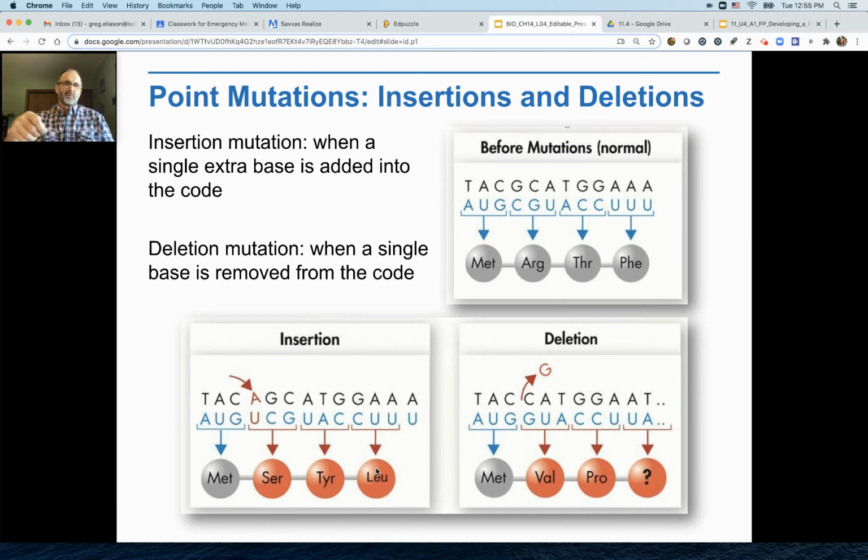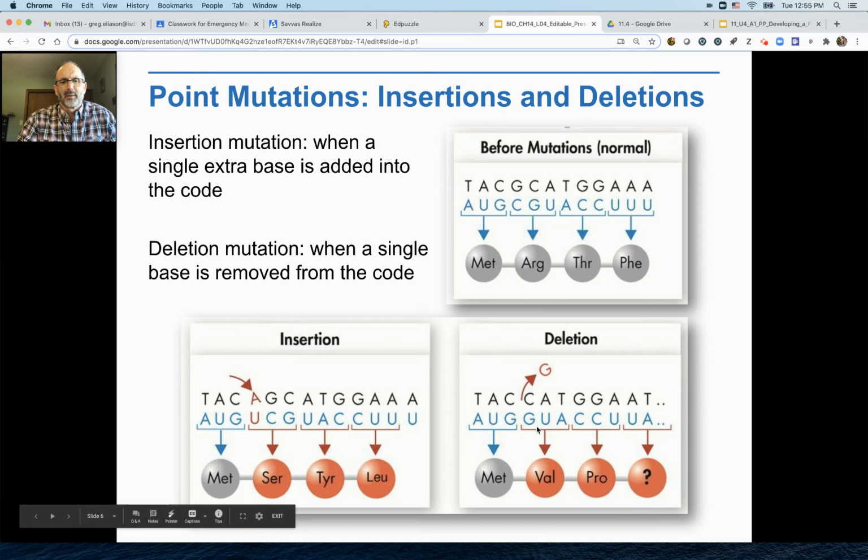So that's a point mutation. Insertion, deletion, pull one out, it frame shifts to the left, and you end up with, again, you're pulling out a G here instead of inserting one. And so that G is gone. So then we're going to start with a GUA here, which codes for valine.